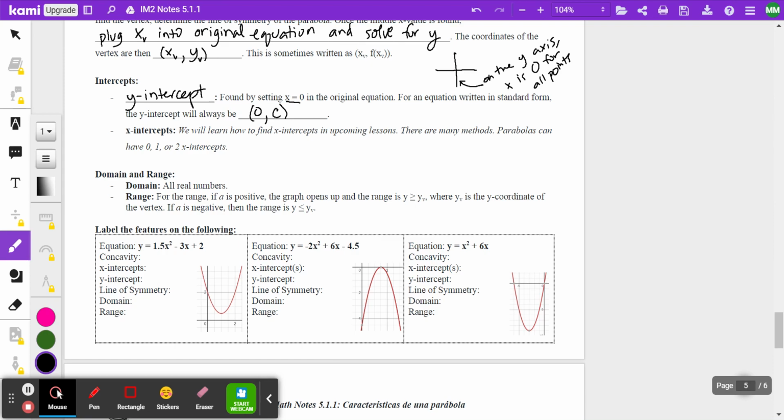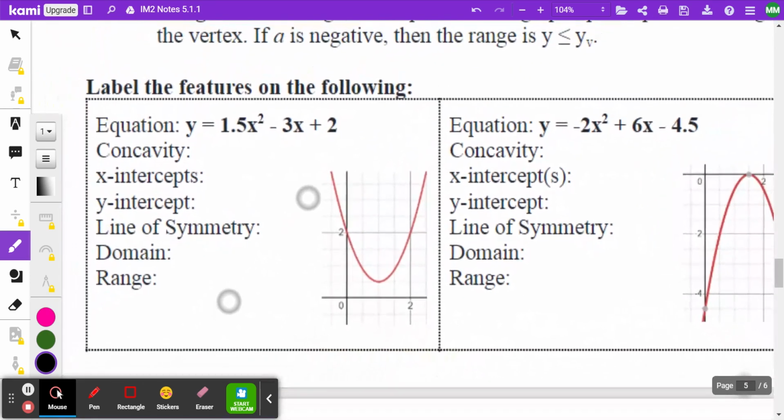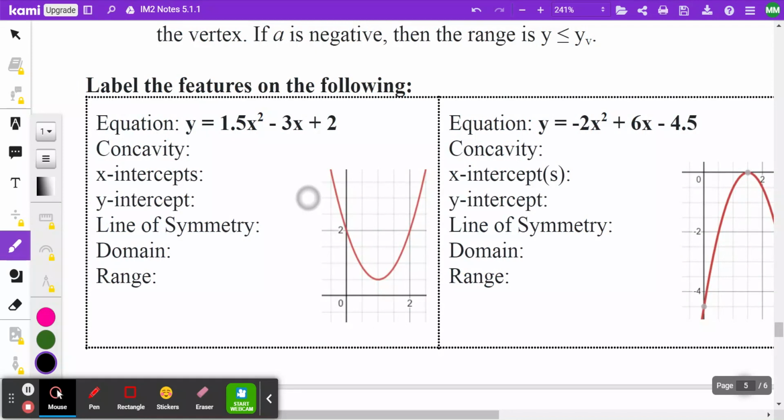Here we go. We're going to label the features for each of these problems. Y equals 1.5x squared minus 3x plus 2, and the graph is provided for us. Concavity, this is concave up. It opens up. X-intercepts, I don't see any. None. This parabola does not pass the x-axis.